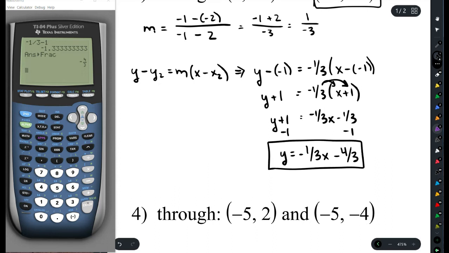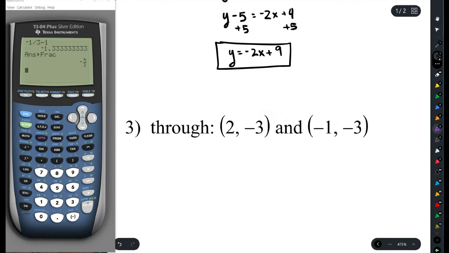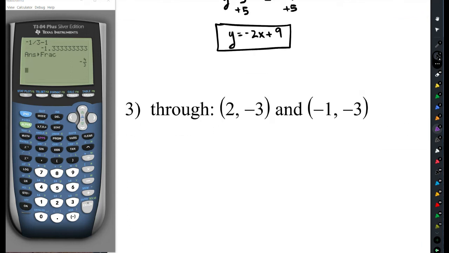Okay, so be careful with negatives. The last two examples here have little curveballs with them. Okay, through the points 2, negative 3 and negative 1, negative 3. Something might be going on, and you might notice, hey, those are the same. Well, let's see what happens.